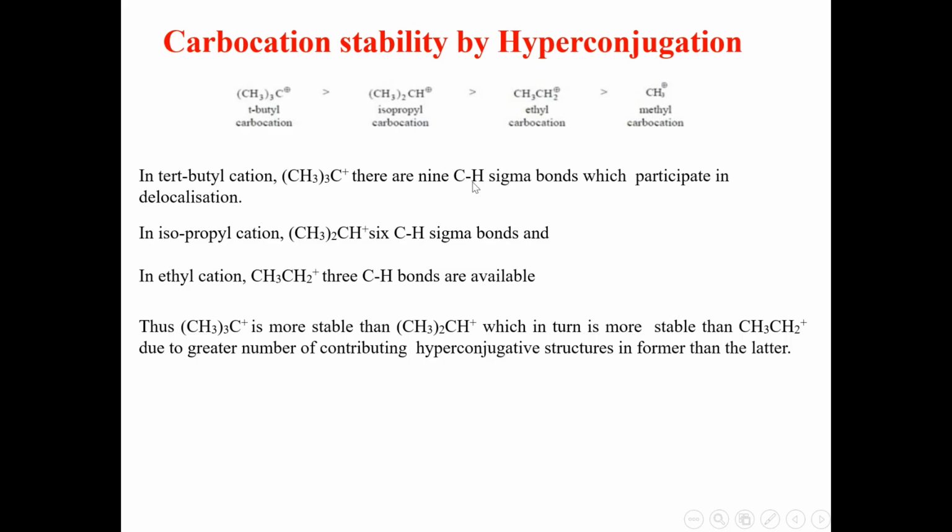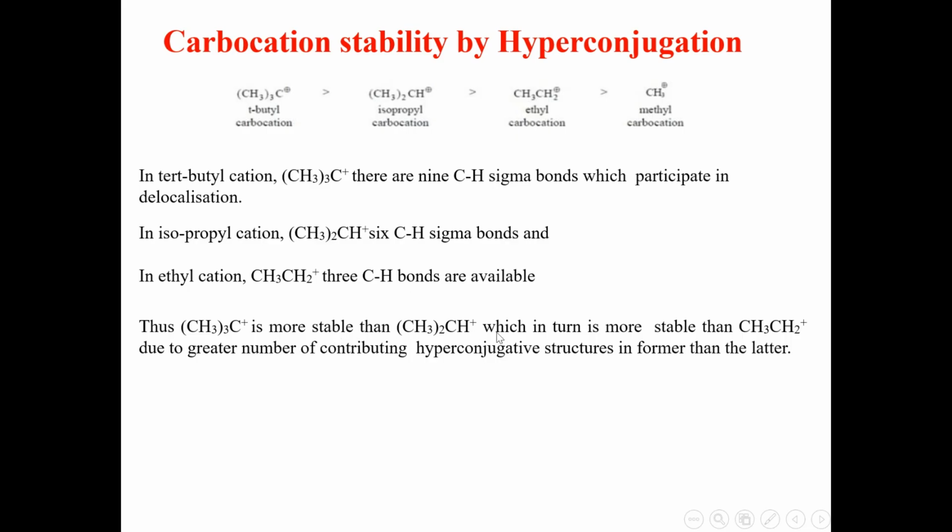These can be broken and the electrons are shared with the adjacent p orbital of the carbocation. That's why it stabilizes the system better than a secondary carbocation, as that has only 6 hydrogens. In case of the ethyl carbocation, a primary carbocation, it has only one carbon and only three carbon hydrogen bonds, and hence it is less stabilized than the previous one.